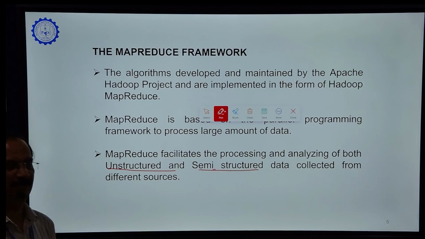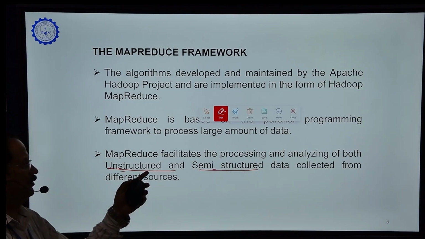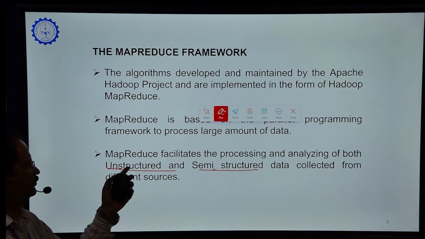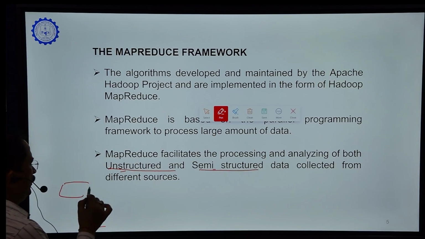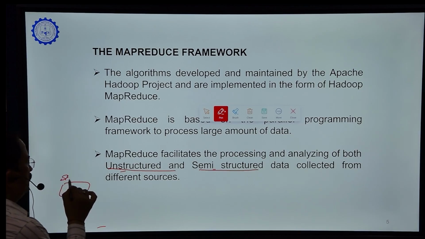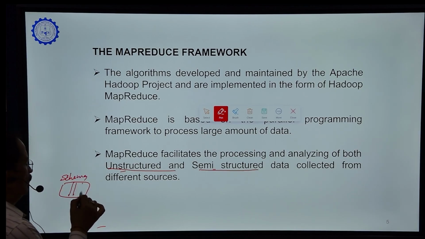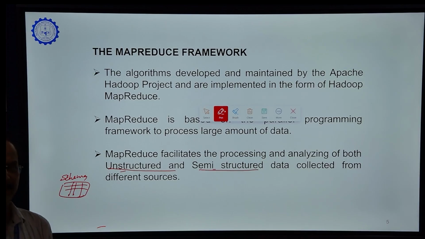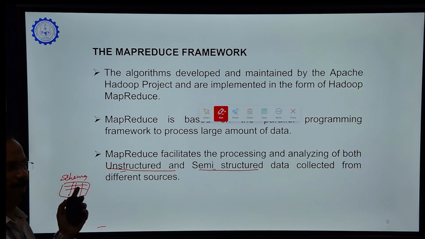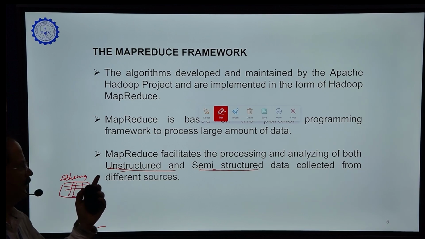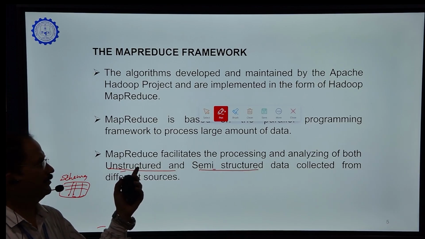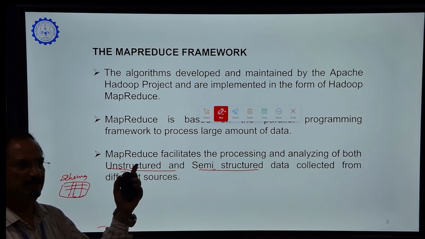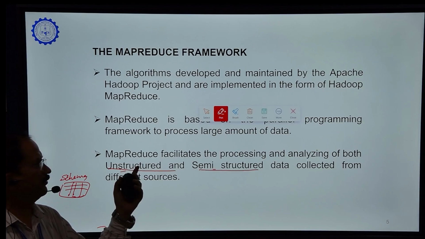In comparison, structured data is simple schema-based data, where the format is already defined and decided. But with unstructured data, there is no such format, and it can come from different places.